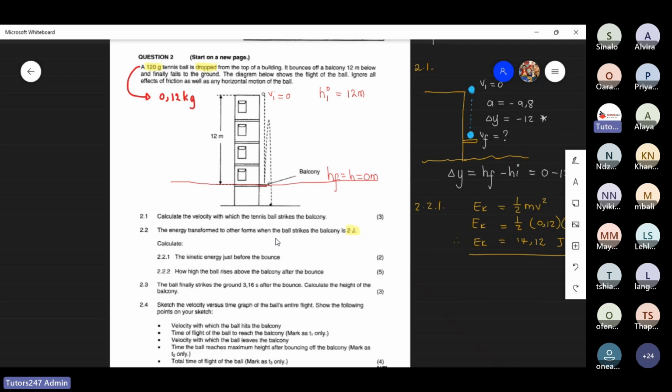That statement is important. We're not calculating above the ground. We are calculating above the balcony. So we are still going to use the balcony as our zero height or zero reference point. So we need to calculate how high above the balcony does the object reach.